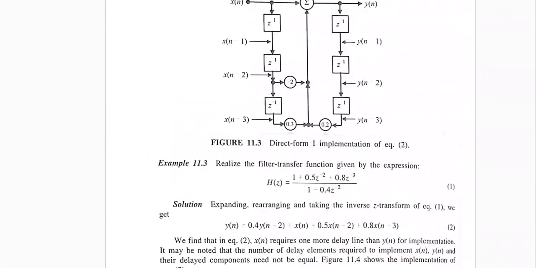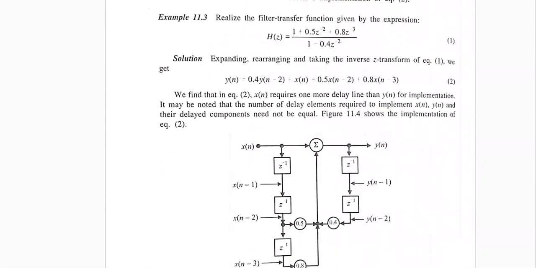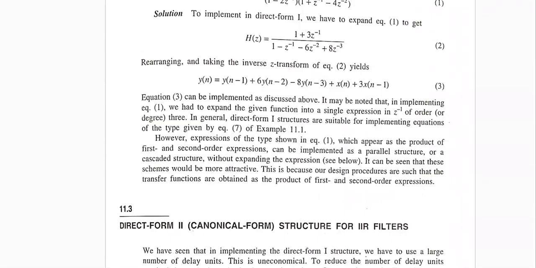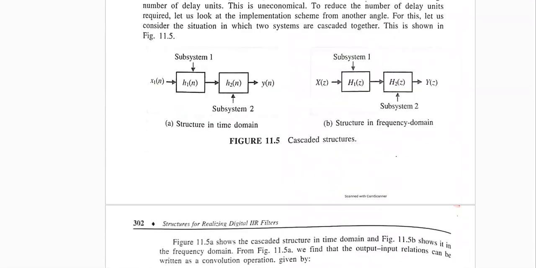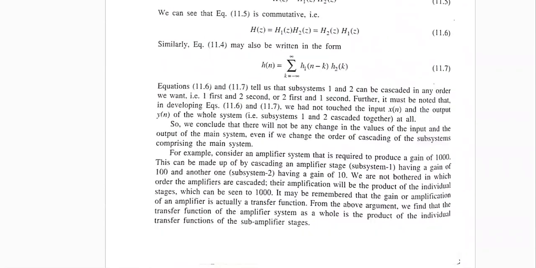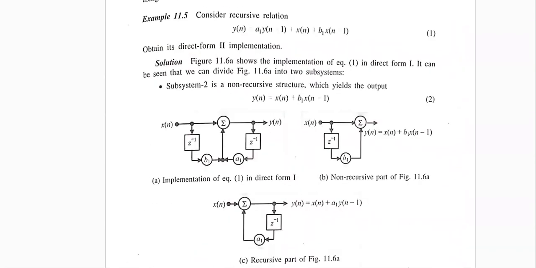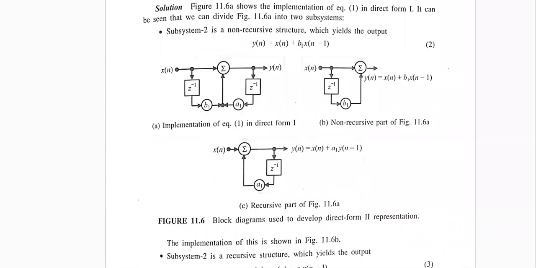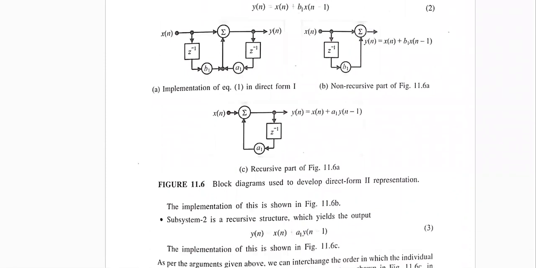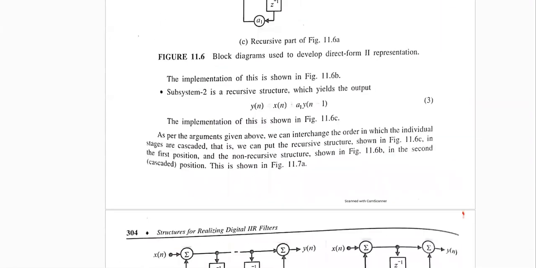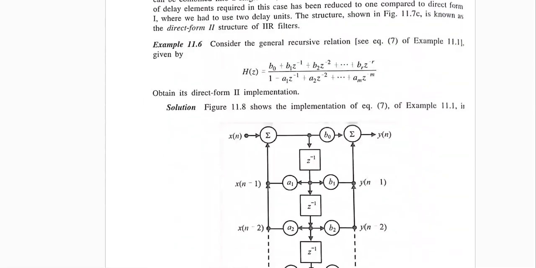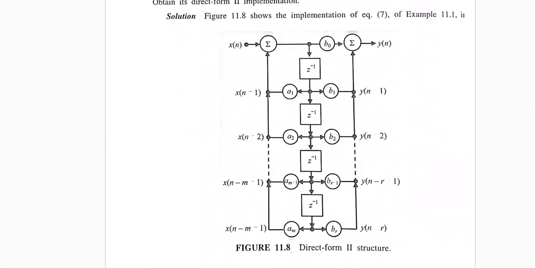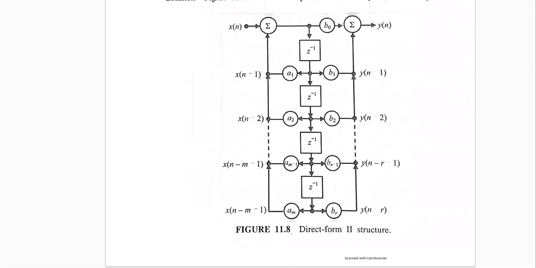There are some topologies, direct form one structure, direct form two structure, that have already been studied in our BSc. Based on that, there are some other topologies by which we can save the memory locations. We can reorganize our system for implementing the filter in an efficient way. So this is direct form two structure.